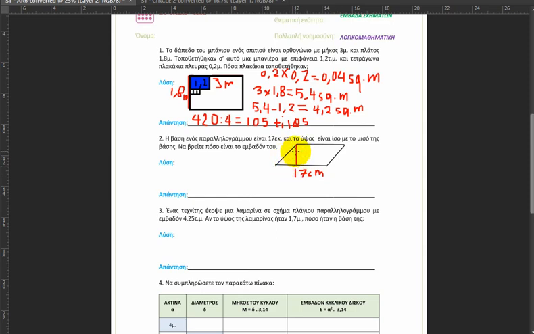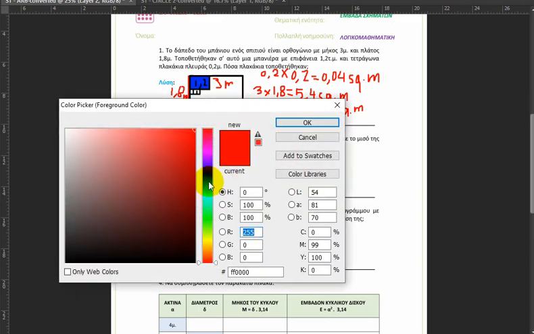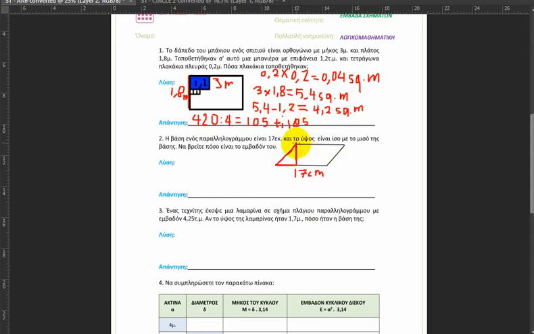Now, what you need to notice in a parallelogram is that this shape is almost as if what happened was I had a normal rectangle here. And I cut this triangle away and I brought it here to this side.